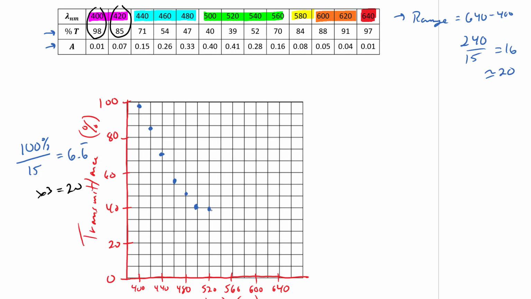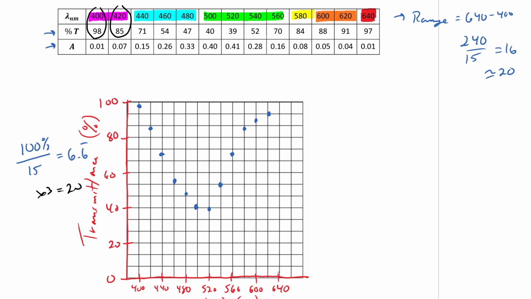Looks like it's plateauing off now. 540 and 52. It's going up now. 560 and 70. 580 and 84. 600 and 88. 620 and 91.